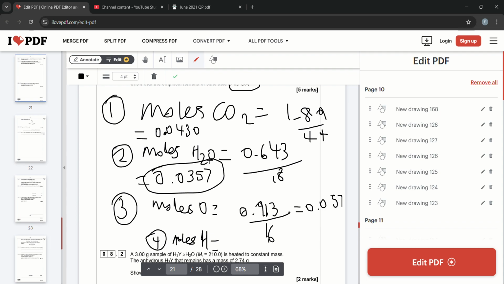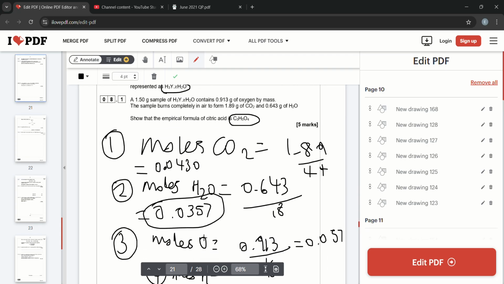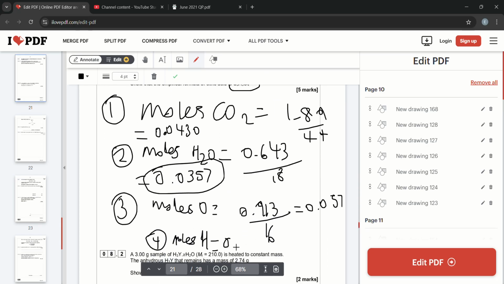You might be wondering, isn't it divided by 2? No, because it's H2, and because we are going directly from a H, the H must be that times by 2. So 0.0357 times by 2 is 0.0714.